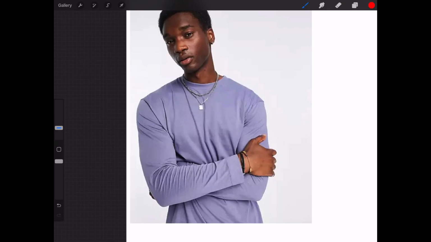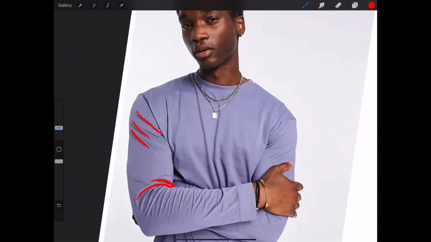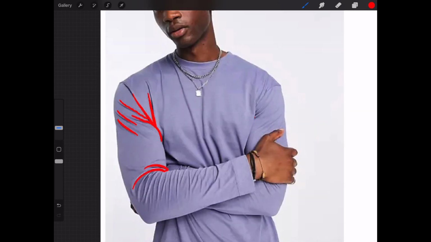So as usual at the elbow, some very evident half lock folds. The arm is rotated, so we're getting some really nice spiral folds right around the shoulder. And those are overlapping the half lock folds at the underarm. Same on the other arm. Here we've got the underarm half lock folds.